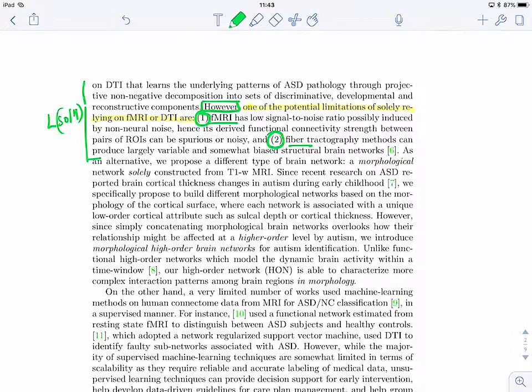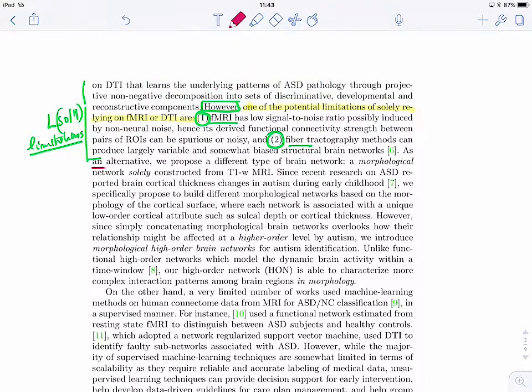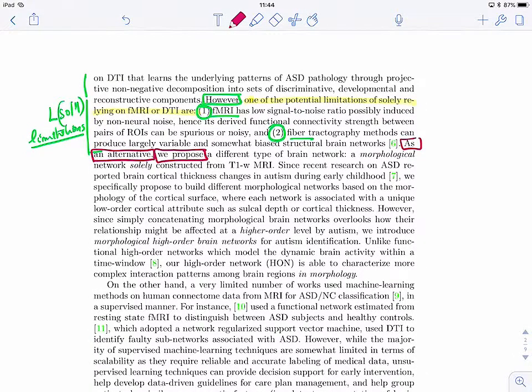So after explaining the limitations of previous studies or previous works, then I will present an alternative solution. So as an alternative, we propose. It's very important that you guys write in the active form. So you don't say a solution was proposed, when it's your work, right?